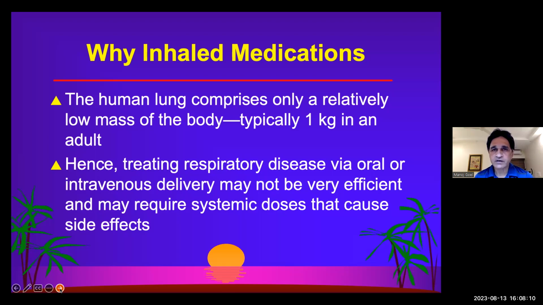If we have to administer through the systemic route, maybe oral or IV or otherwise, then we may have to administer large doses of the drug, which may cause systemic toxicity. Hence treating respiratory disease via oral or intravenous delivery may not be very efficient and may require systemic doses that cause side effects.